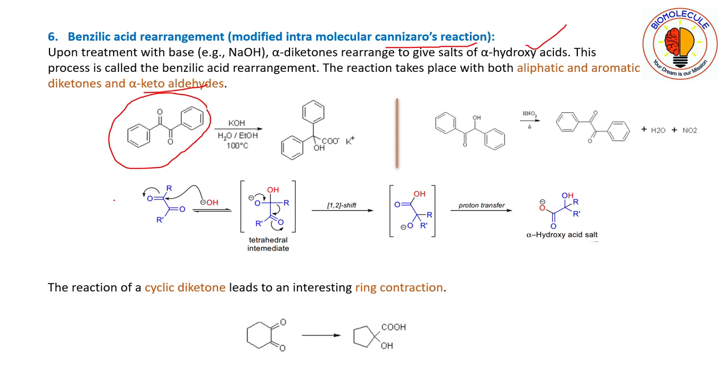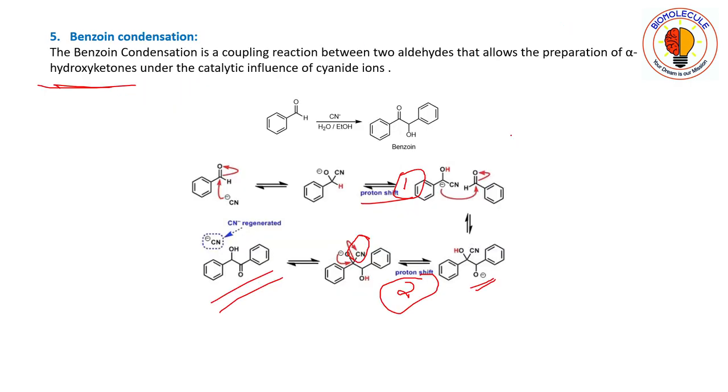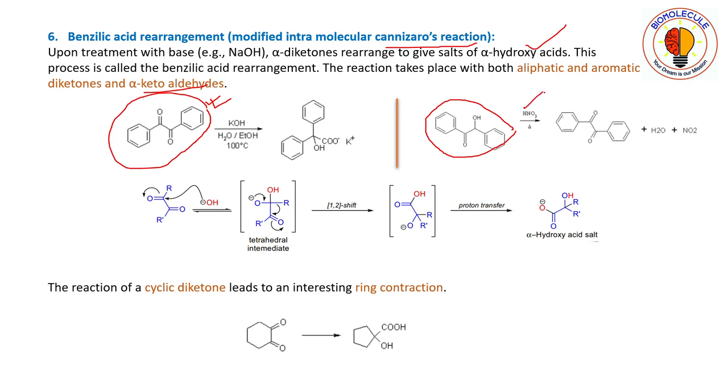So how to get this benzil compound? So the benzoin, this compound, this benzoin, you take and oxidize with nitric acid.